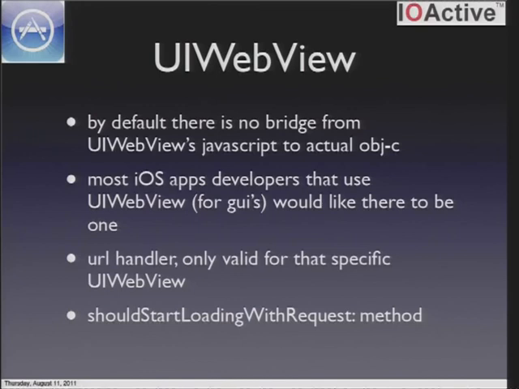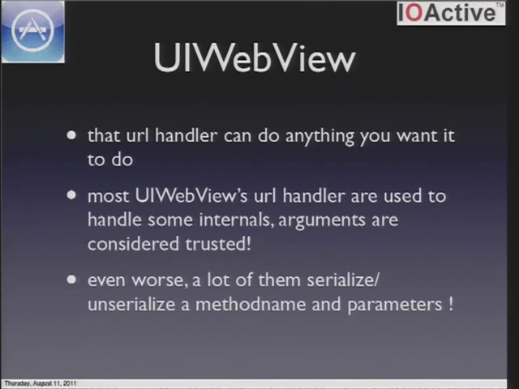And so the way they did that is there's a callback called shouldStartLoadWithRequest. If you implement that one, then you can do all your bridging logic in there. And that URL can do anything the developer wants it to do. Usually what happens is you marshal some arguments back and forth.